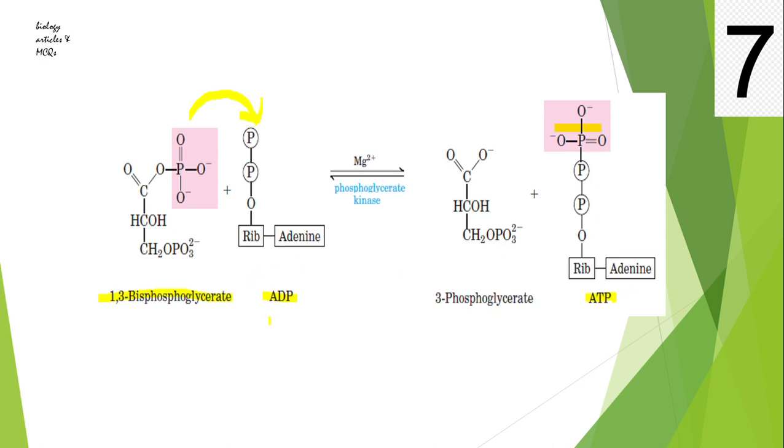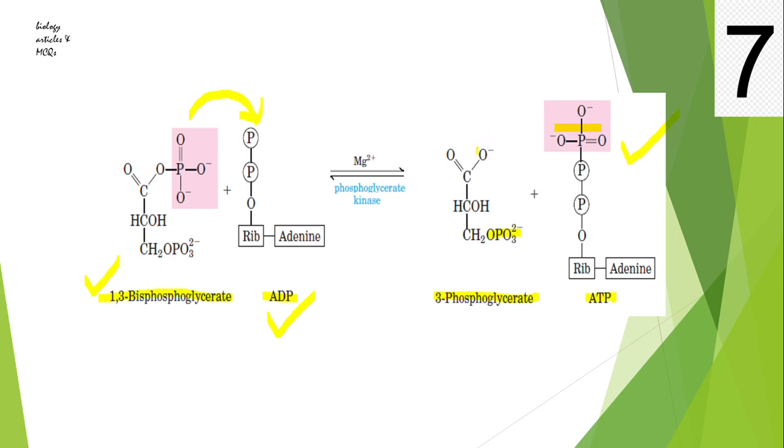This ADP has already two molecules of phosphate. One is donated by the 1,3-bisphosphoglycerate and will change it into ATP, adenosine triphosphate. And the product will also be 3-phosphoglycerate. Now this molecule only has one phosphate attached, which is attached to its third carbon, carbon number 3.